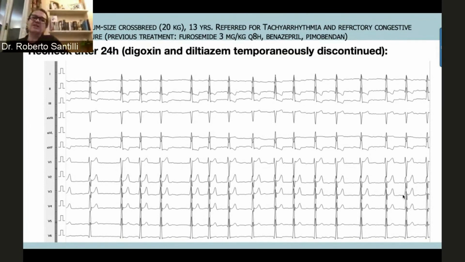So I mean, the sinus node and the AV node are structurally normal. The problem is an overreactivity, so they respond too much to the vagus.